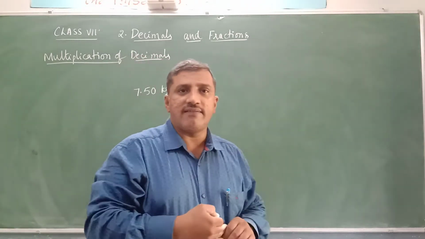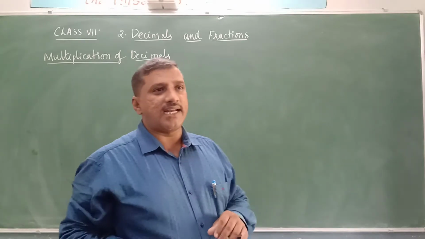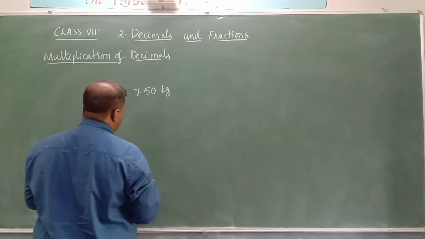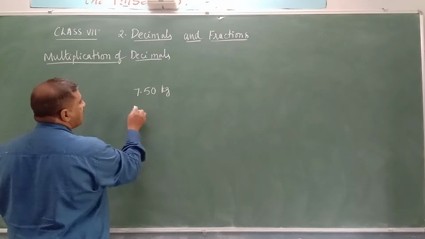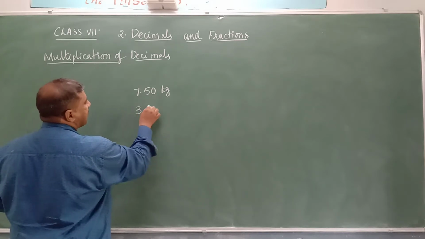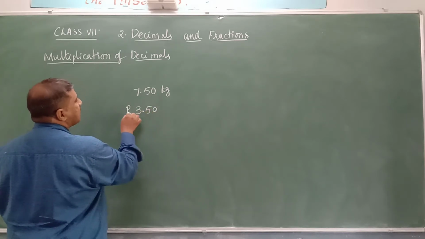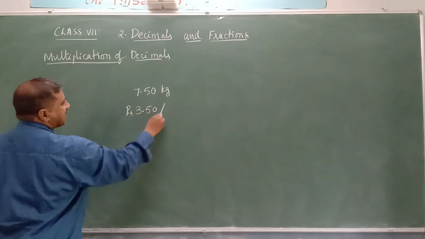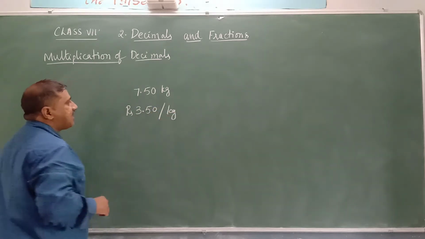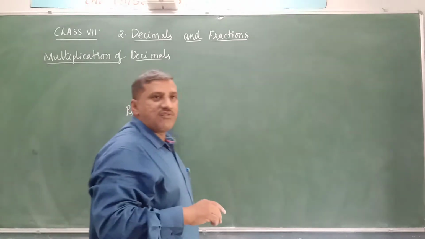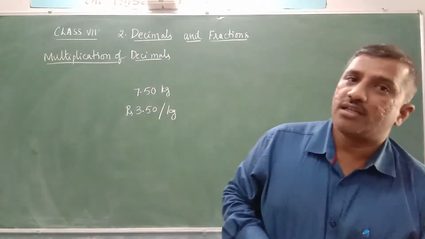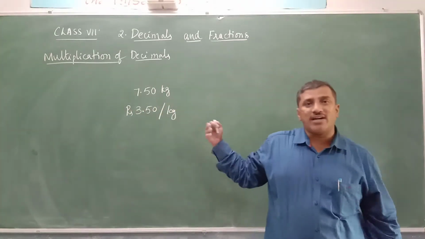She asked the vendor, and he said that per kg it is 3 rupees 50 paisa, 3.50 rupees. This is per kg, and she requires 7.50 kgs. How much money does she have to give? What to do?